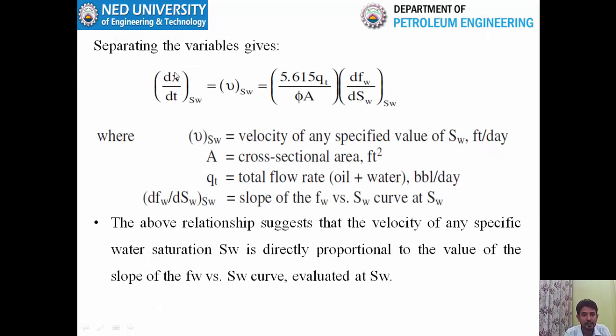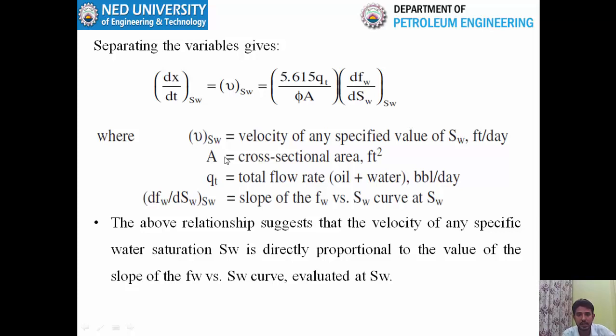dx upon dt, which is the velocity at a particular saturation Sw, equal to 5.615 Qt over phi A, times dFw upon dSw at a saturation Sw, and symbols are written that V_Sw is the velocity of any specified value of Sw, feet per day.